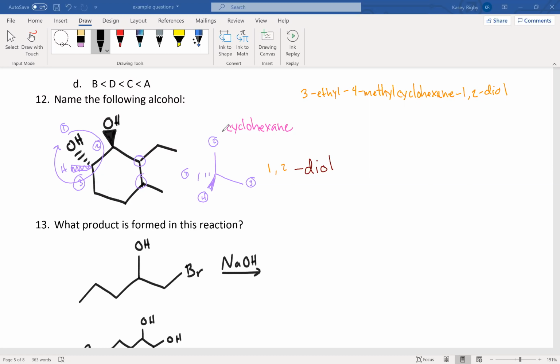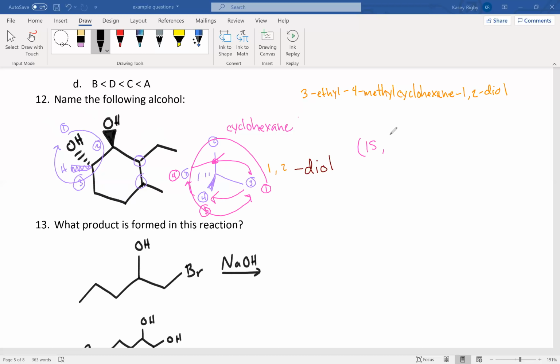I like to do this just because it sort of gets rid of any exceptions, so there's no question about whether this is going to be S or R. I pick it up, I twirl it around. So 4 becomes 1, 1 becomes 3, 3 becomes 4. So 1 is here, 3 is here, 4 is here. And then we see that this indeed becomes S. So our first stereogenic center is going to be 1S.